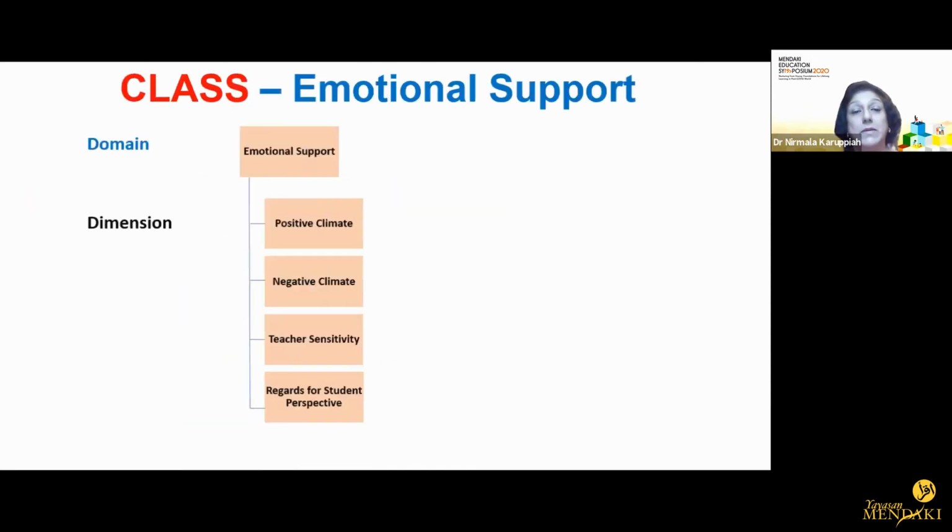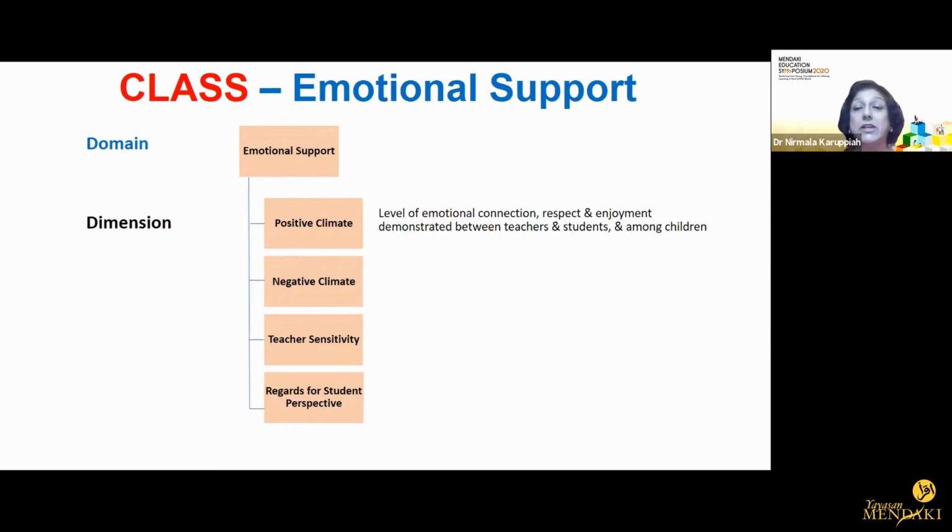For emotional support, as I mentioned, the 4 dimensions are positive climate, negative climate, teacher sensitivity, and regard for the student perspective. For positive climate, what we're looking at is the level of emotional connection, respect, and enjoyment demonstrated between the teachers and students and among children.